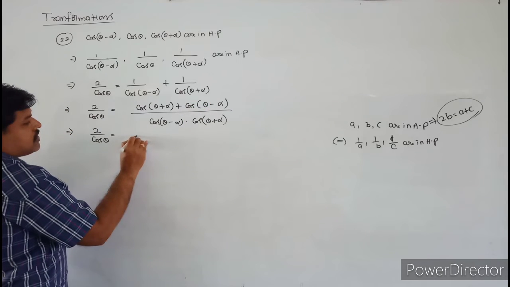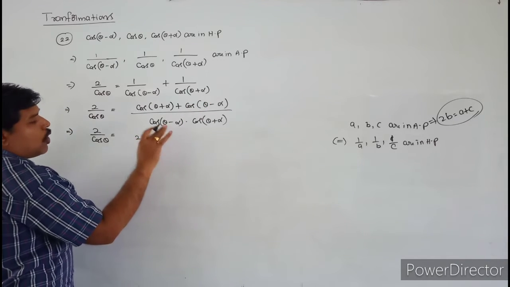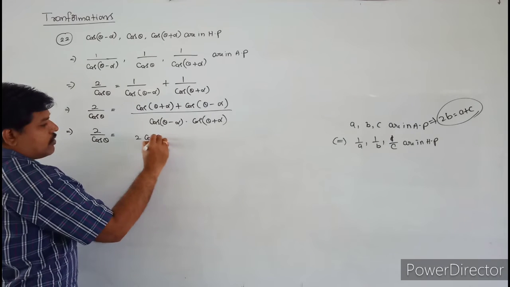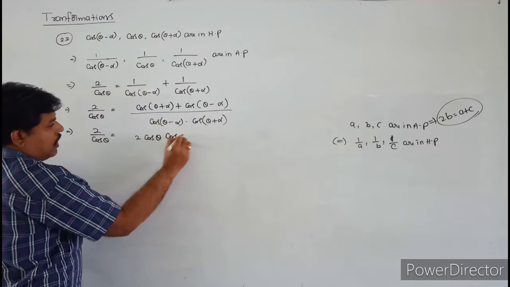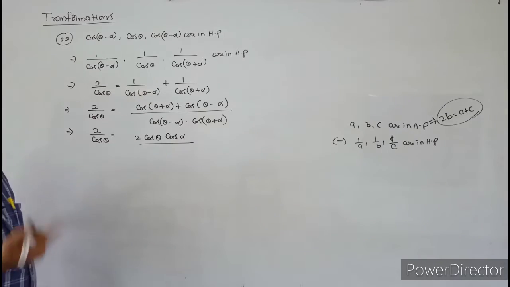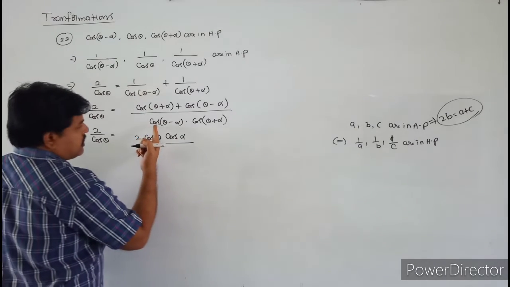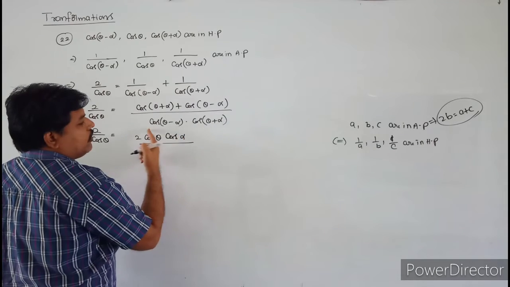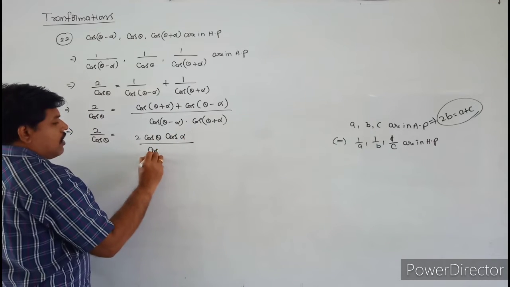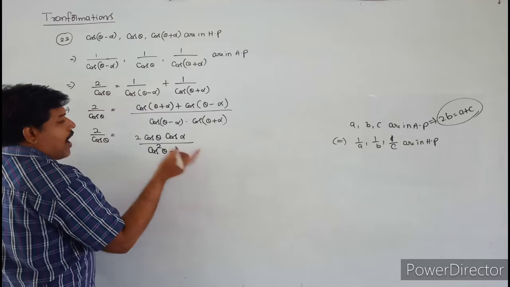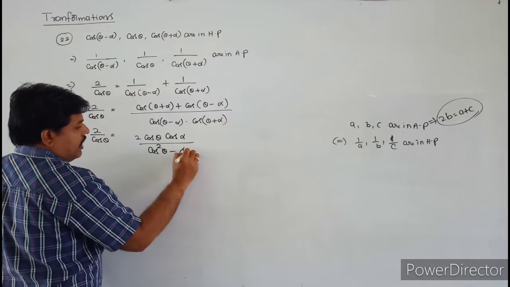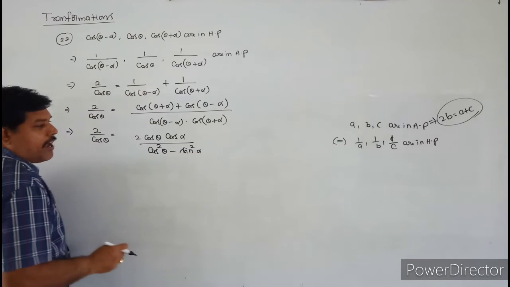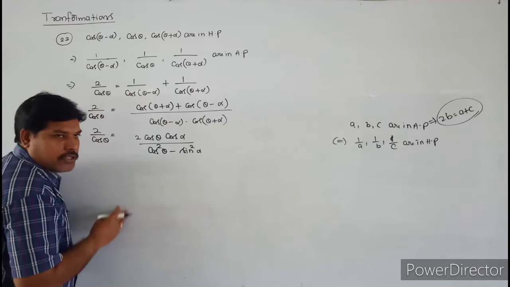Cos(A plus B) plus cos(A minus B) is nothing but 2 cos A cos B. So that is nothing but 2 cos theta into cos alpha. What is this value, students? Cos(A plus B) into cos(A minus B) is nothing but cos square A minus sin square B, direct formulas.